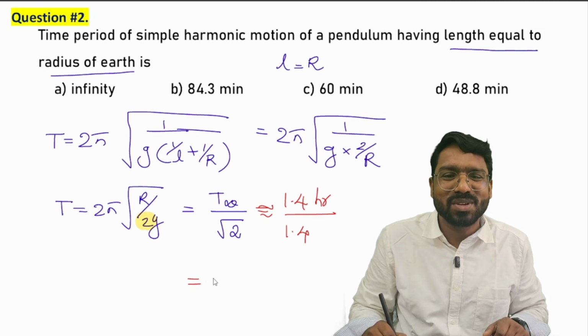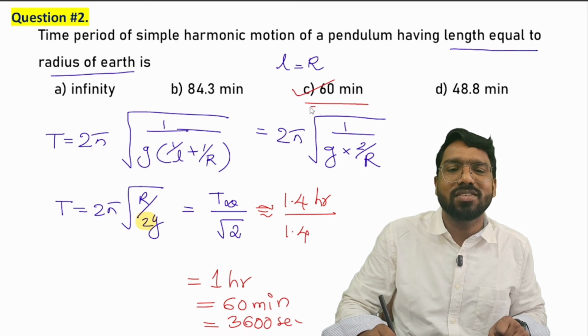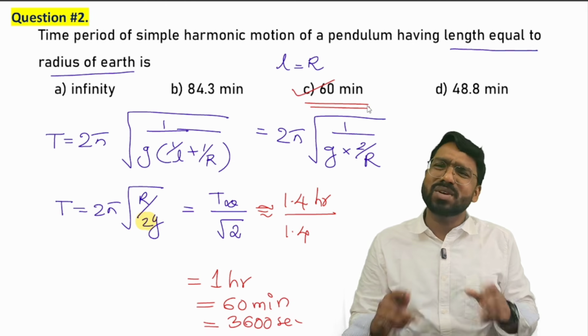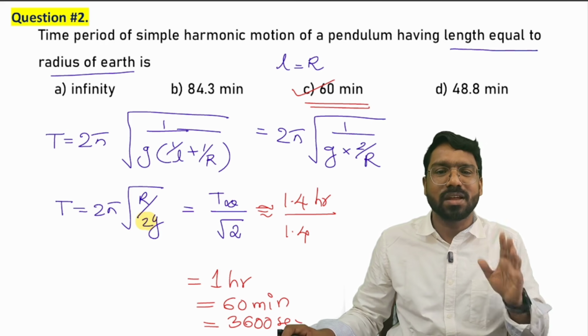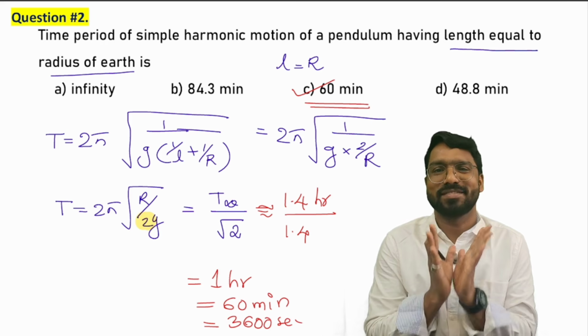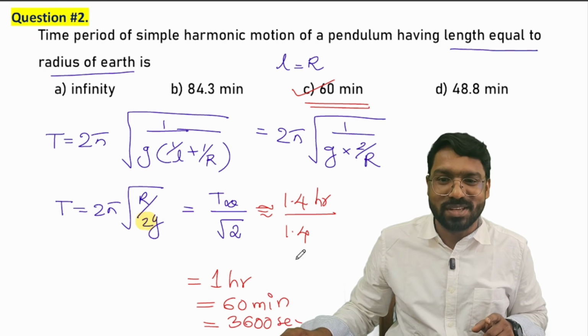So it is 1 hour. 1 hour is how much? 60 minutes, that is equal to 3600 seconds. So which option is right? Option C, 60 minutes. Just apply the equation that we derived. Okay, now go to next question, the last question.